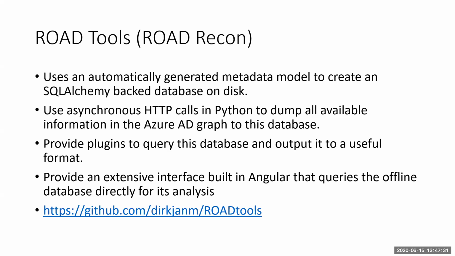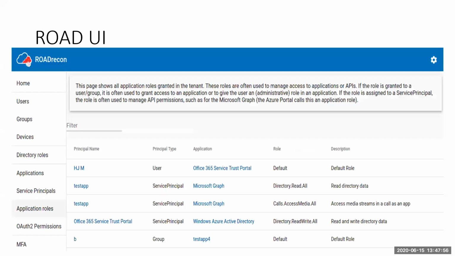It's a tool that lets you dump the information in the Azure AD database and query it. Similar type of analysis as the Powerview tools. And then attackers can use this to analyze your Azure AD environment and make sense of the permissions in there and use it for further internal attacks. This is kind of what it looks like.